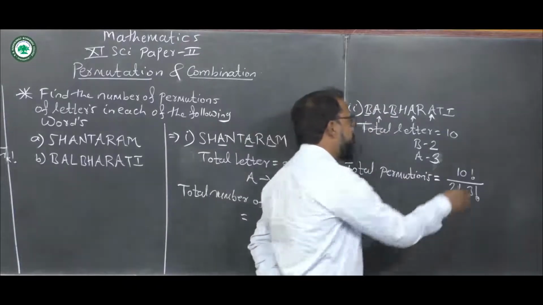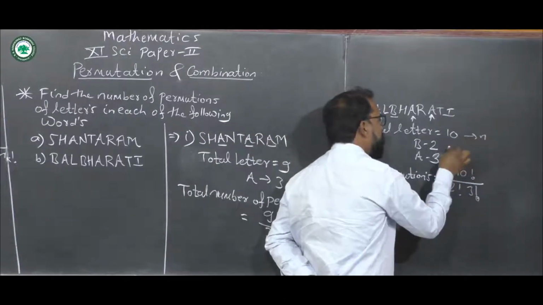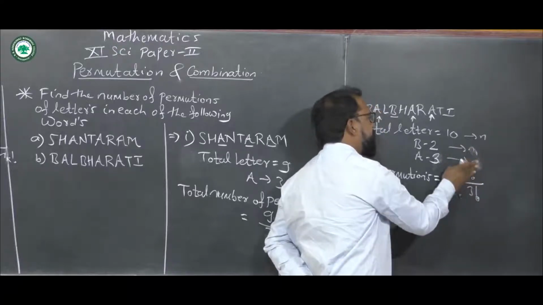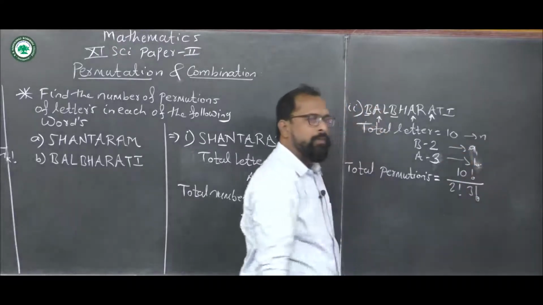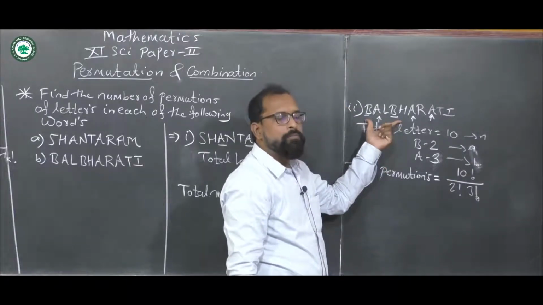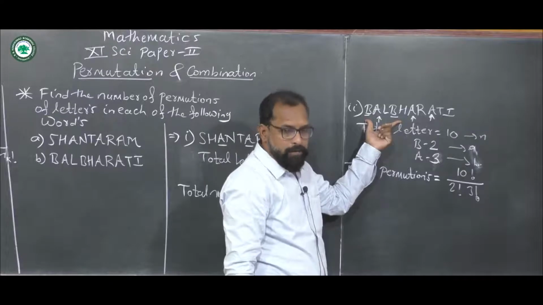In the given formula, this is the value of n, this is n1 and this is n2, or we can say A or B. Now these are the total number of permutations of the letters from the word Bal Bharti.